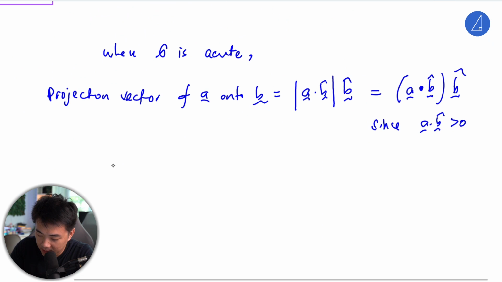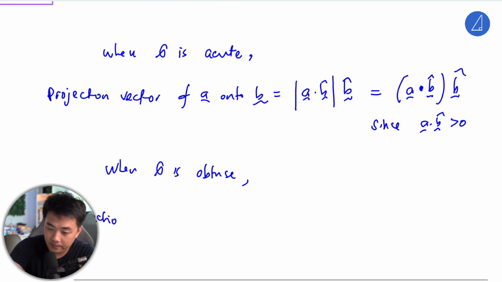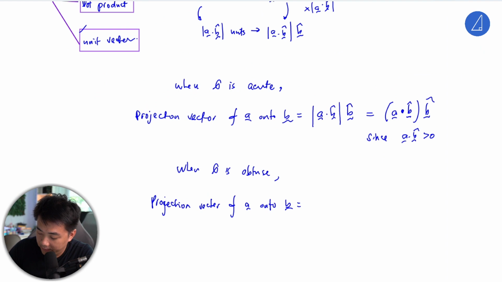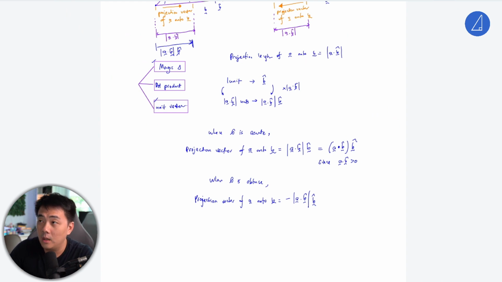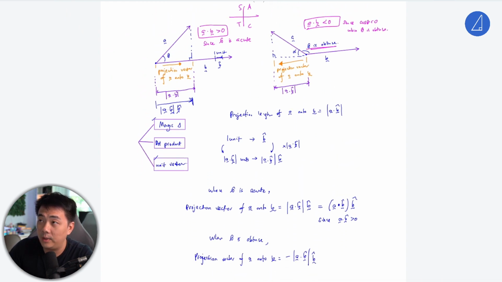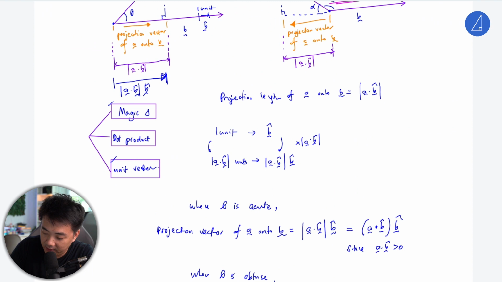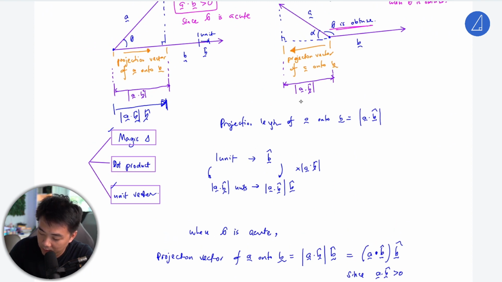Now when theta is obtuse, you will realize that the projection vector now will become negative mod A dot B modulus B. Okay, this is important. Essentially why we need it to be negative is because this vector that we found is in the opposite direction of the vector that is required.